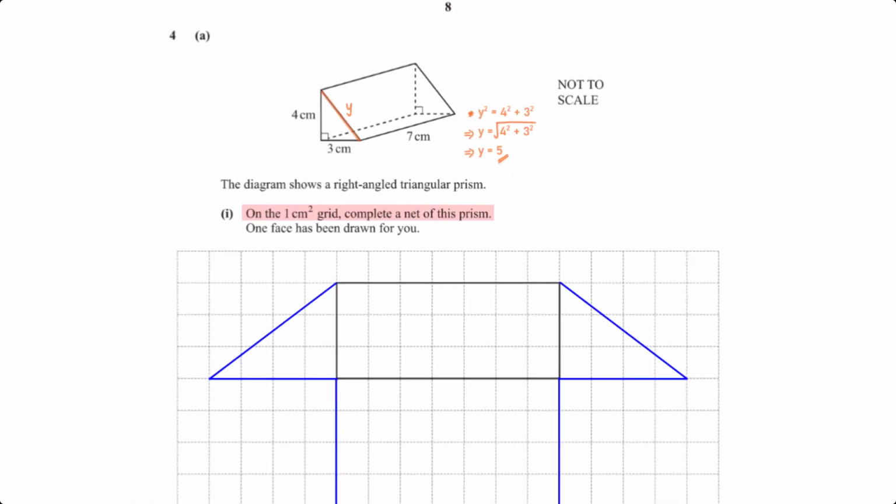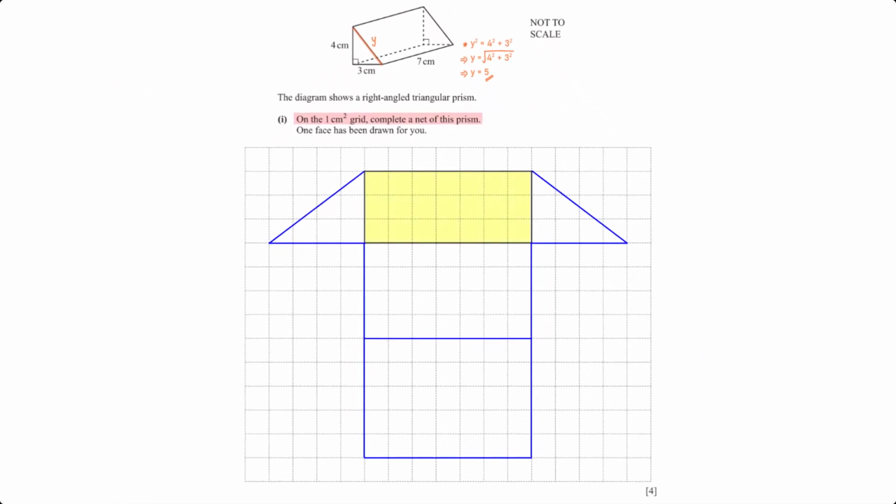So for the net, we start by drawing the bottom rectangle, which has dimensions 7 centimeters by 3 centimeters. This has already been drawn for us. The triangular faces with base 3 centimeters and height 4 centimeters would be connected to the sides of the bottom rectangle.